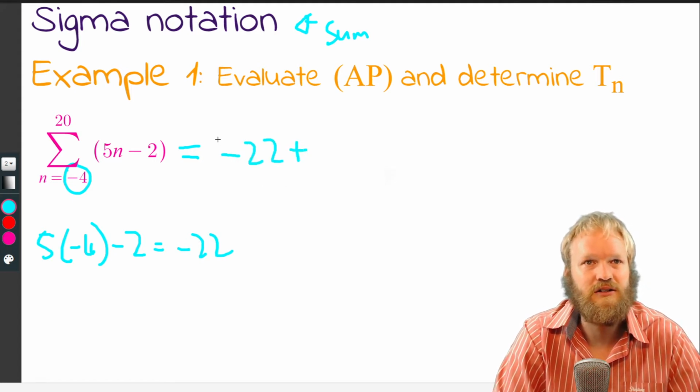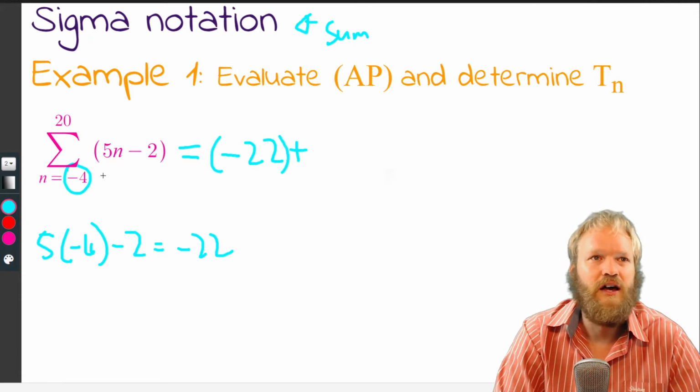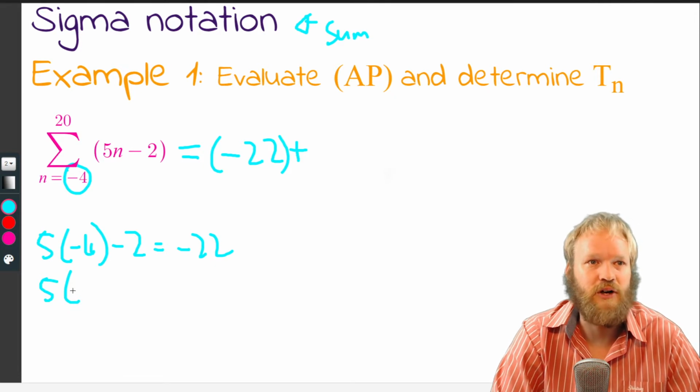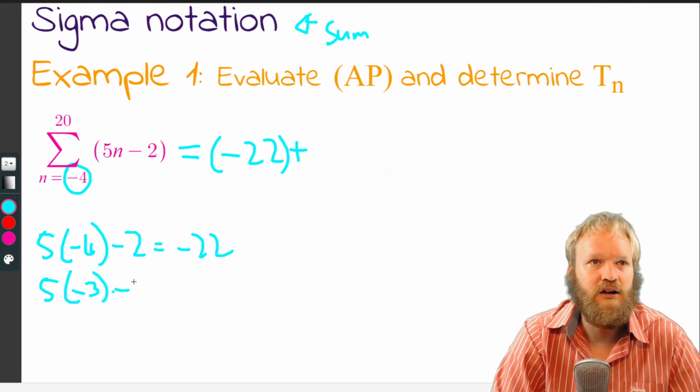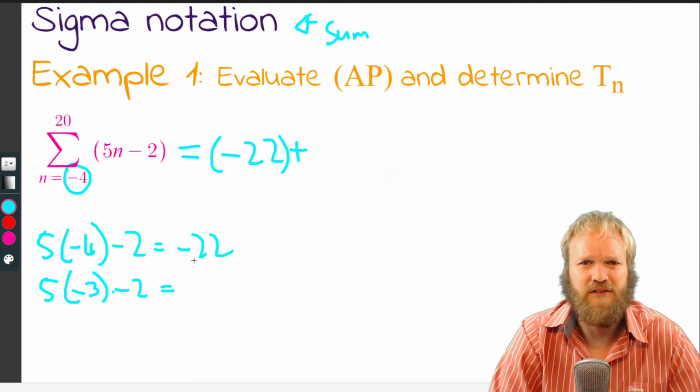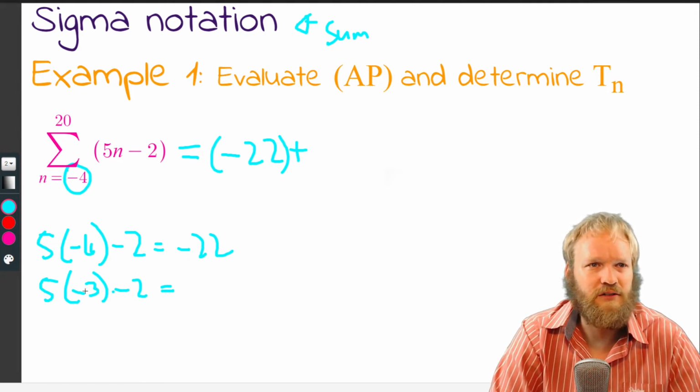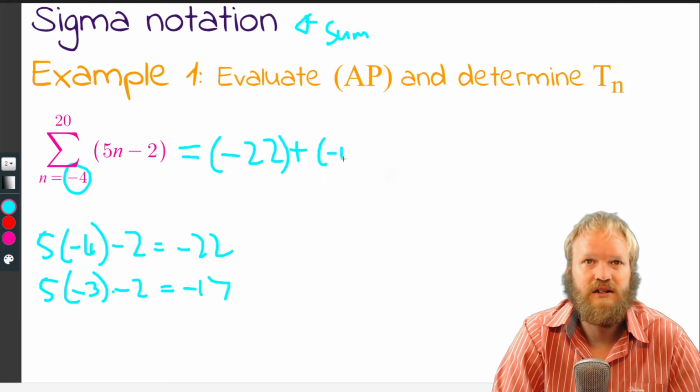And we're going to add, let's put in brackets even, and we're going to sub in our second term. 5 times, now we keep going up, so negative 3 minus 2 equals, well, it should be going up in 5s, right? Well, negative 3 times 5 minus 2 is negative 17, so plus negative 17 plus, and we can see the pattern.